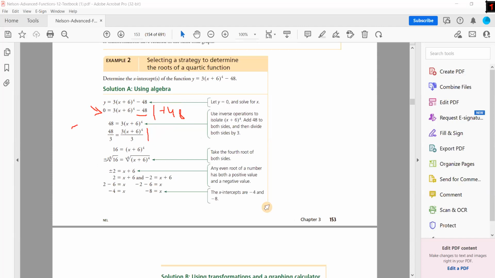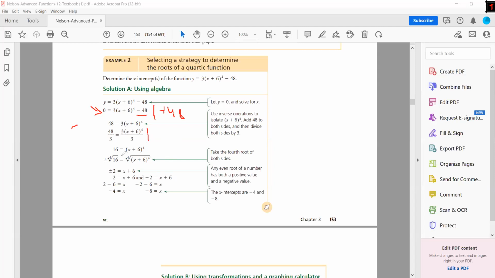And remember, when we're taking roots, we're getting two solutions in case this root is an even degree.